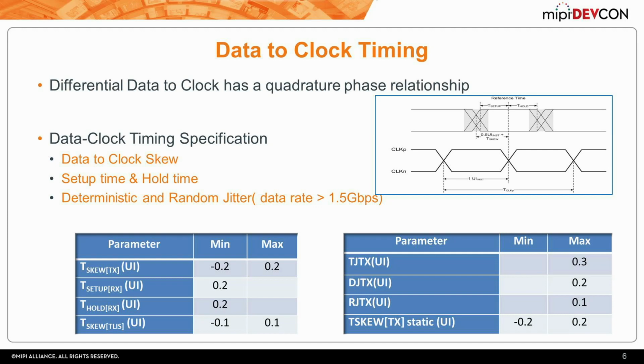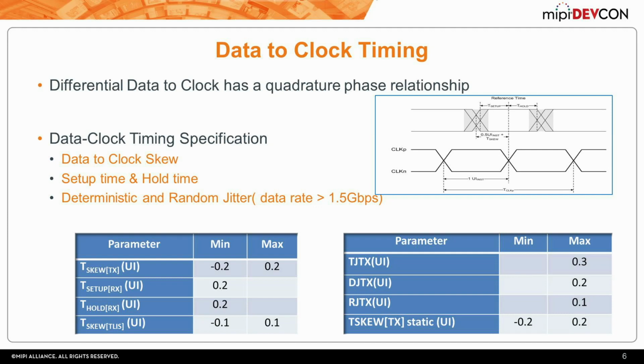As the rates increased in version 1.2 and above, version 1.2 and version 2.0, for data rates above 1.5, the timing budget is specified in the form of jitter. It's imperative to specify jitter timing parameters for higher data rates.